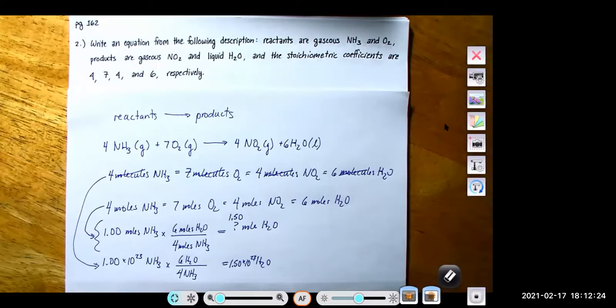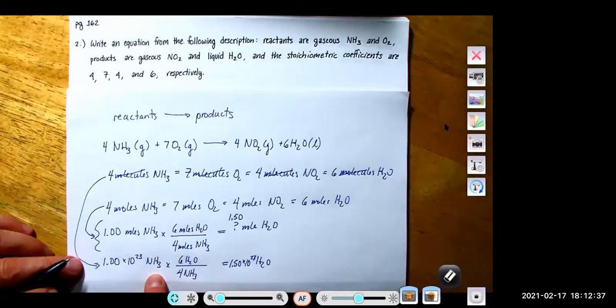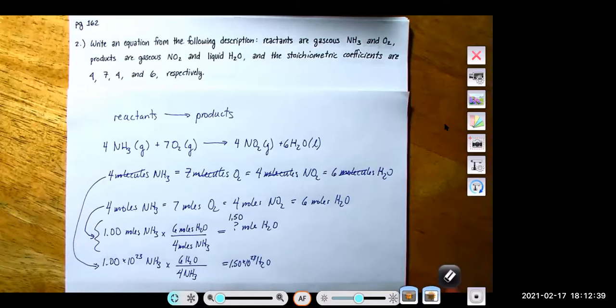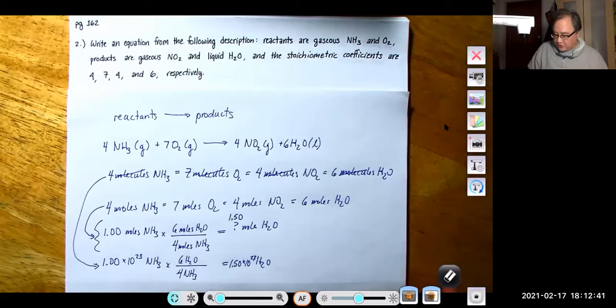Okay? Right. So in the second equation, the one that Greg was talking about, you're talking about molecules of NH3. For example, a question would be: how many molecules of H2O are you going to make from 1 times 10 to the 20 molecules of NH3?